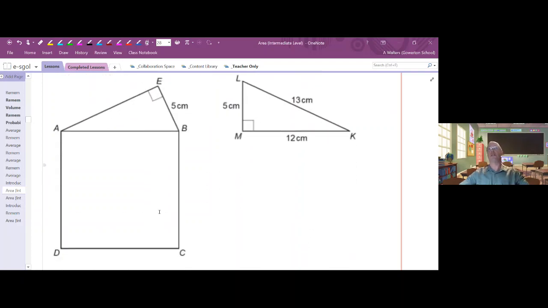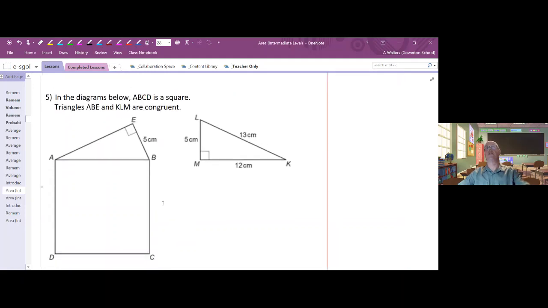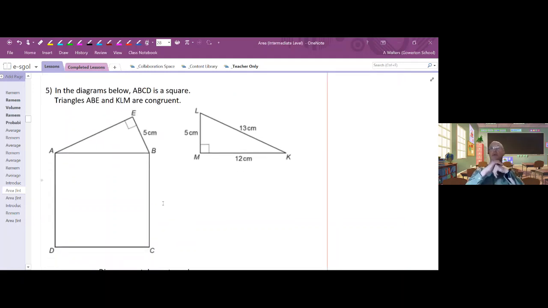we do not see a trapezium here. Let me just reduce the size of that slightly. Right, we do not see a trapezium here. What we do see is a triangle, a right angle triangle, and a square. Now they've mentioned something here, the word congruent. They have said, if you're uncertain what this word congruent means, it means the same as.